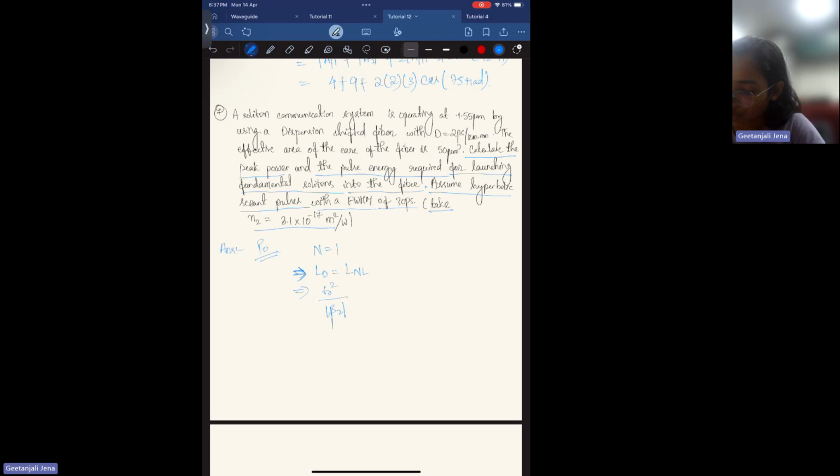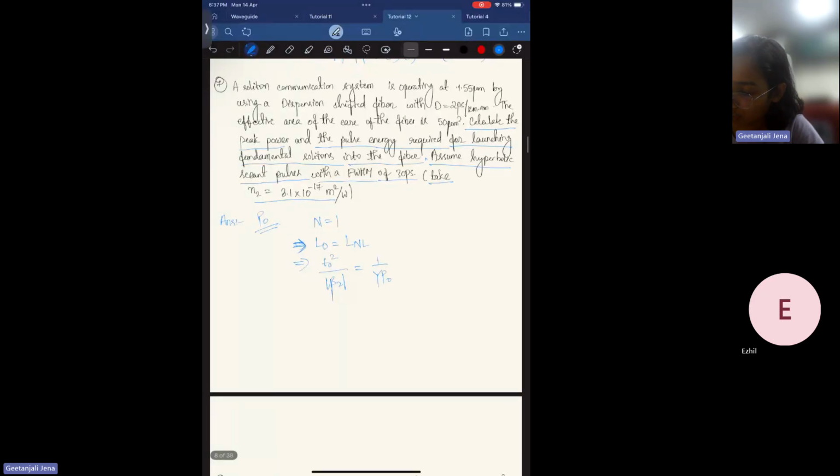LD is T0 square by beta 2, and LNL is 1 by gamma P0. So for P0 we need the gamma value, T0 square and beta 2. If you see the question, these parameters are not given directly, so we need to find their values by using the known parameters.